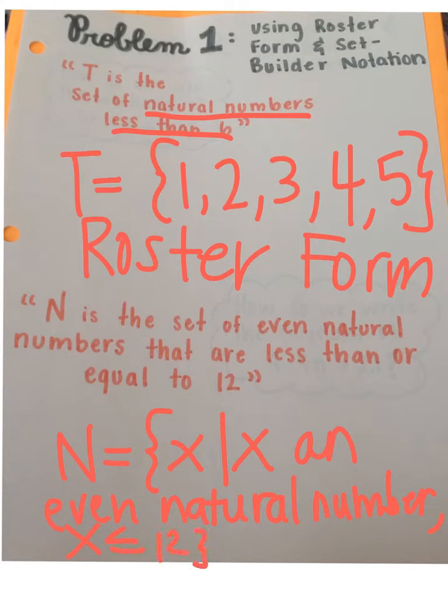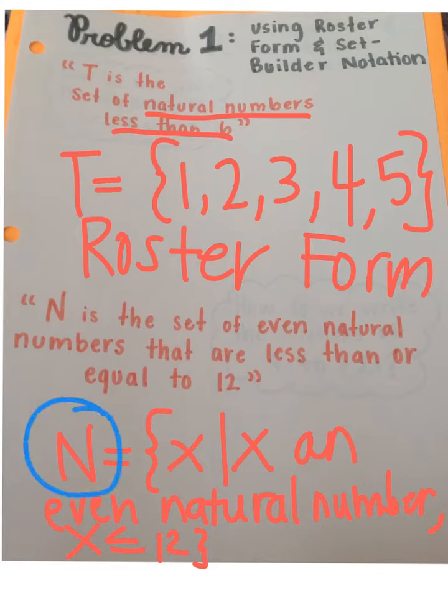Now this can be kind of confusing, so let's talk about it. N is the name of the set, okay? So that's why we have N equals. But now we have an X in there too, and X is going to represent any element in the set N. So I said X is an even natural number because we get that from up here, right? That are less than or equal to 12.